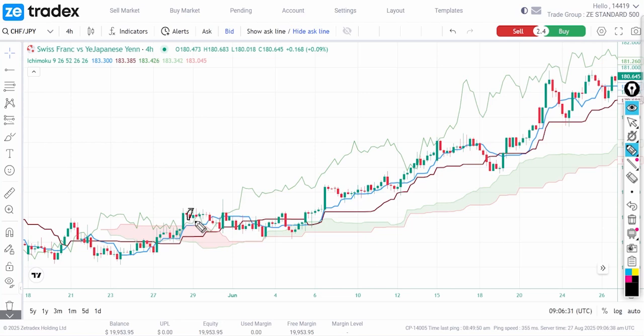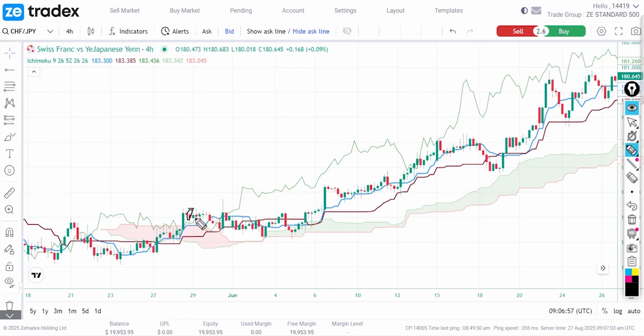And as I have told you, the cloud is always in front of the current candle by 26 periods. Now if the price closed here, we need to see a green cloud. The price must close above the Ichimoku cloud.